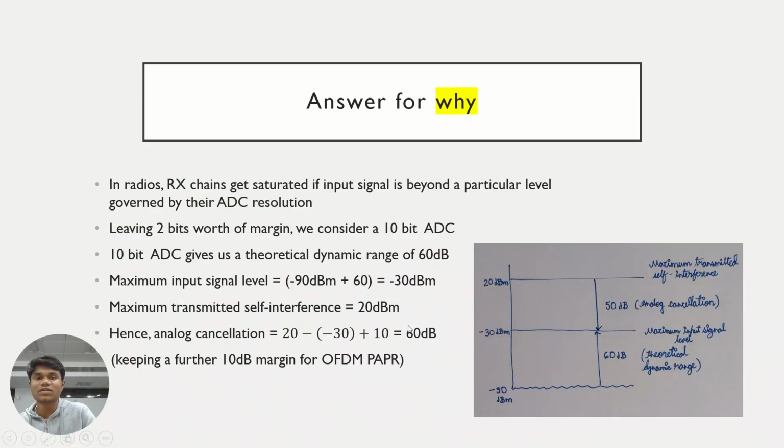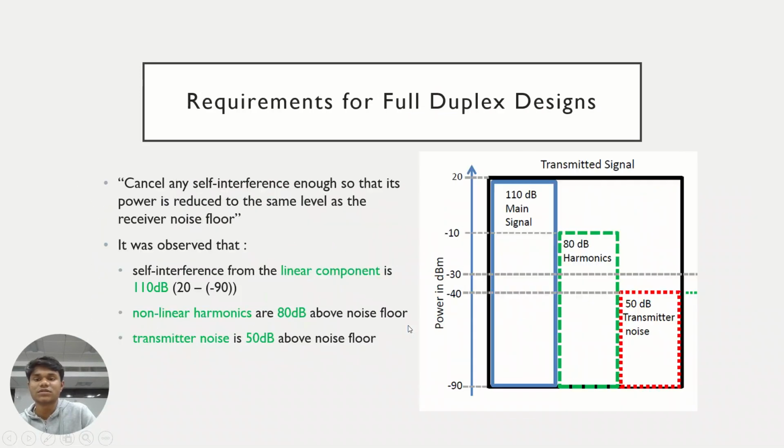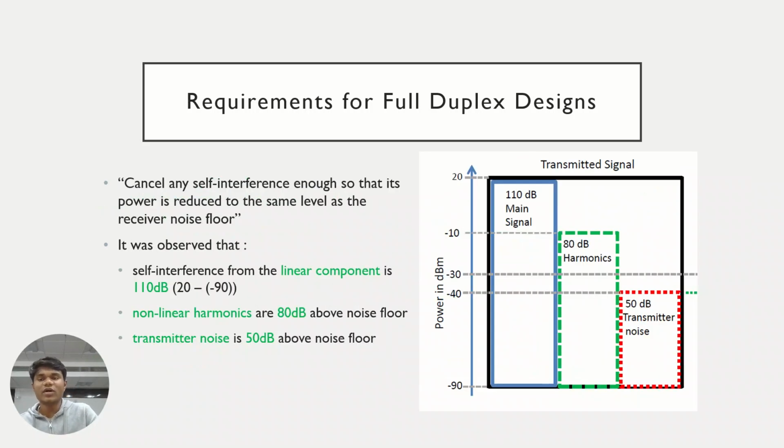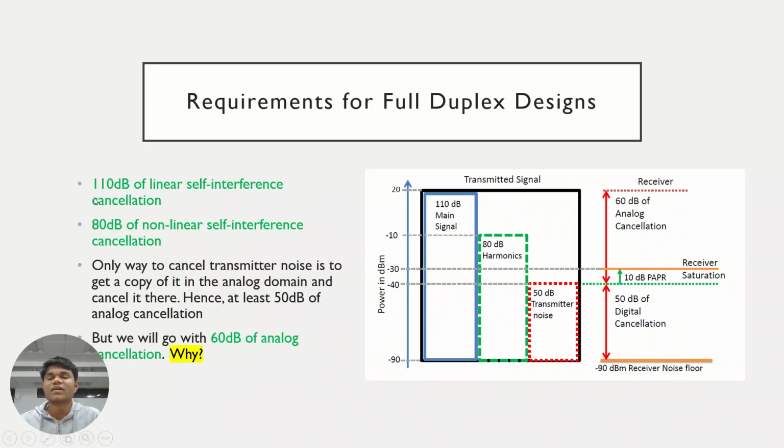Moving on. Now, what do we need to do? Simply cancel these three components. That is, cancel the 110 dB linear part, the 80 dB nonlinear part, and cancel the transmitter noise.